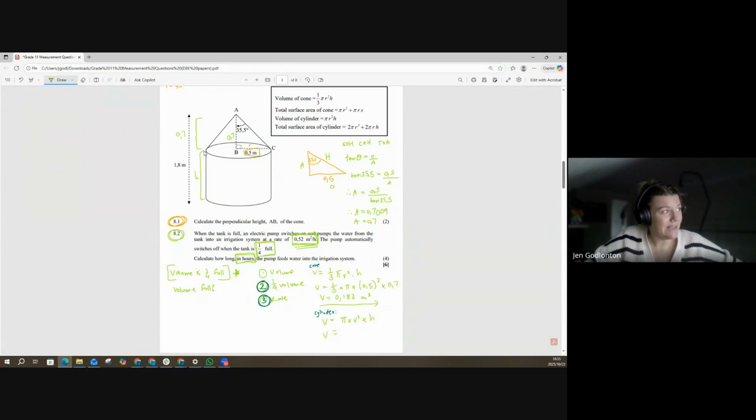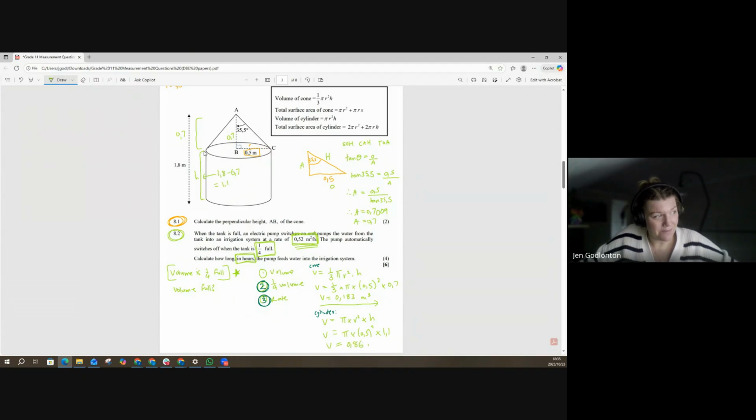So that means that this height over here is 1,8 minus 0,7, which gives me 1,1. So that means I'm going to have pi times r squared. We know r is 0,5, so 0,5 squared times our height, which is 1,1.